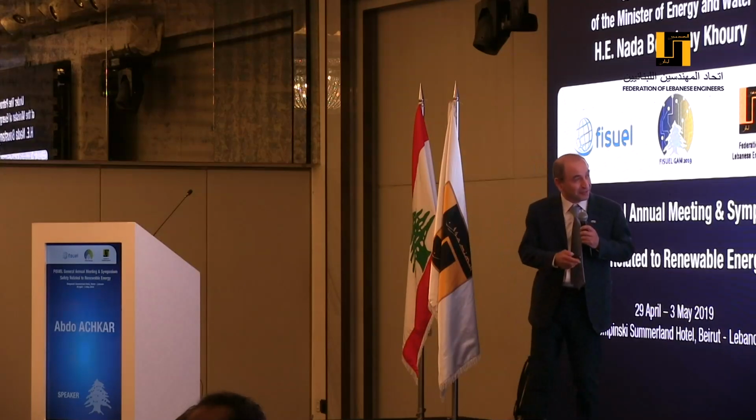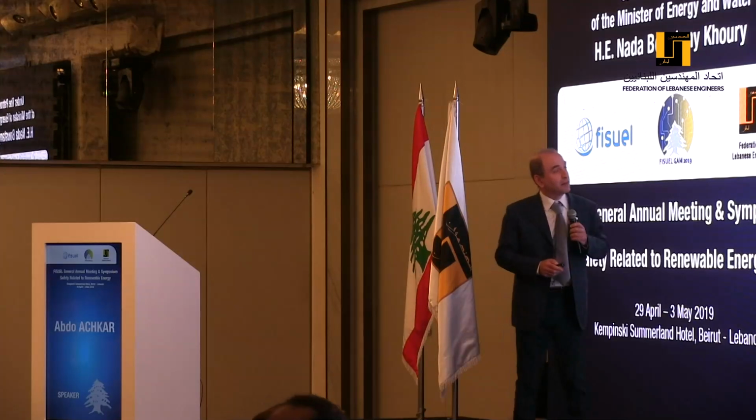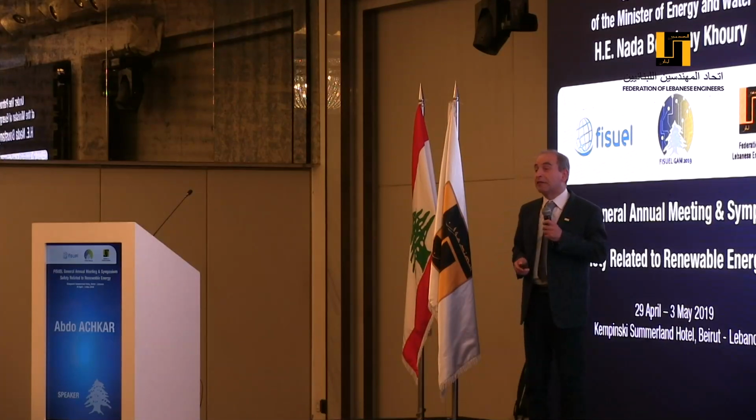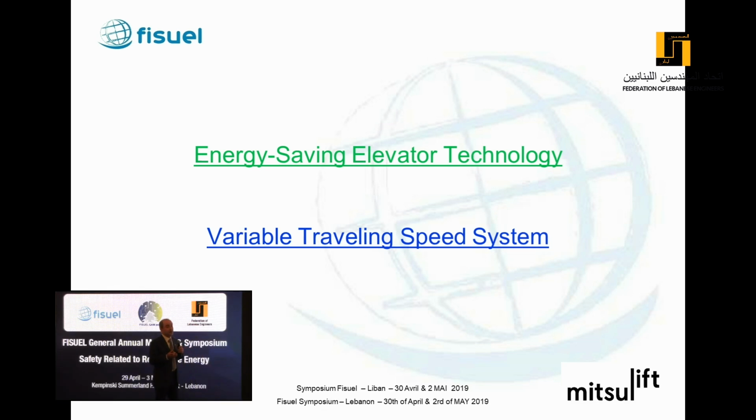Okay, so variable traveling speed for elevators. Let me start to explain what this feature means. Mainly in elevators, two main factors which determine the elevator specification are the rated speed and rated load.